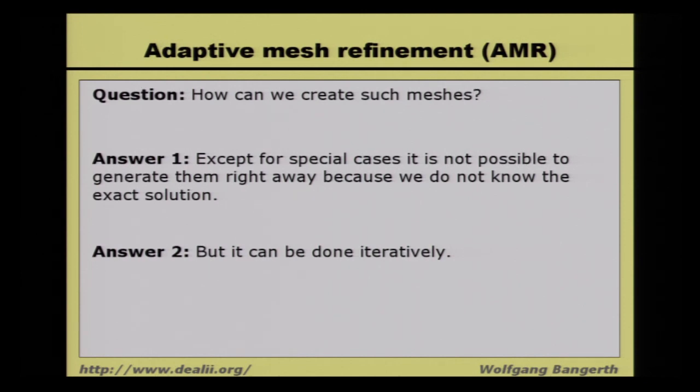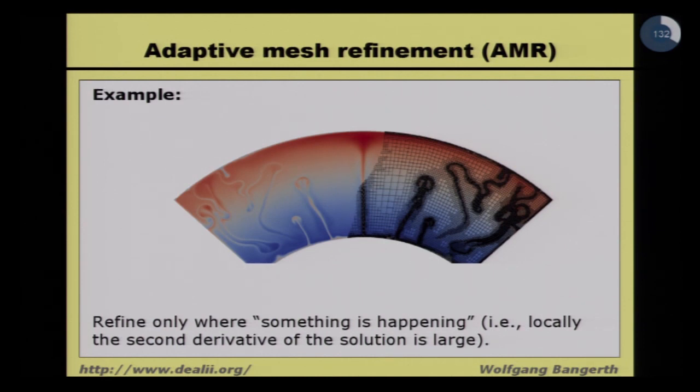And the reason is because if you look at this picture again, what you see is that while we have made the mesh fine in those areas where the solution has some activity, where, for example, these plumes are rising up, a priori, before I even start this computation, I don't know where these places are. There's nothing that I can do to predict where I would have to have a fine mesh. The only way I can do this is to create this mesh after I have already solved the partial differential equation.